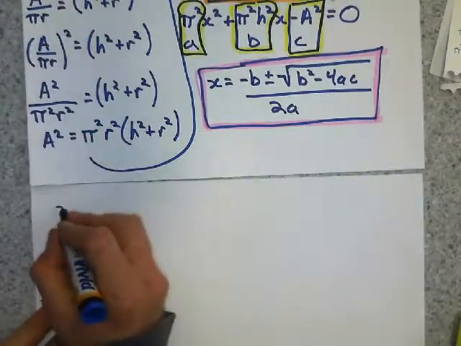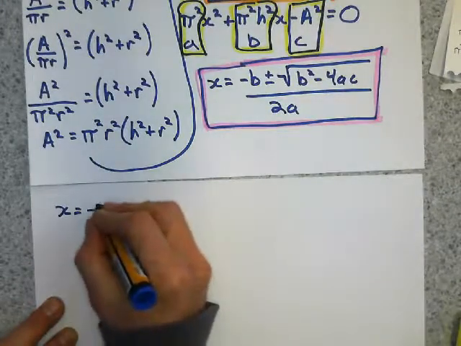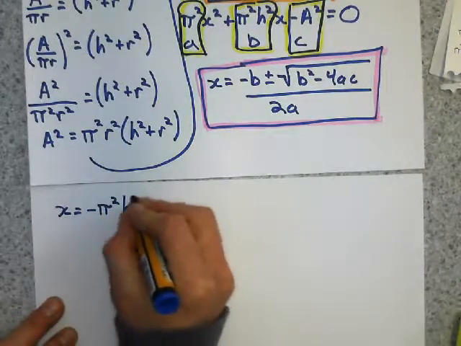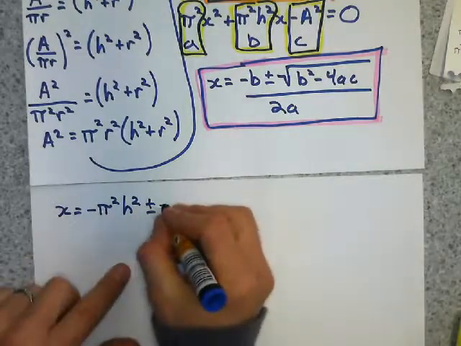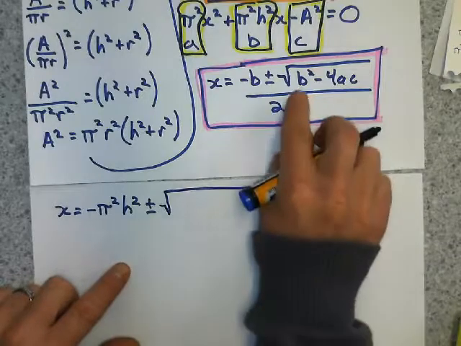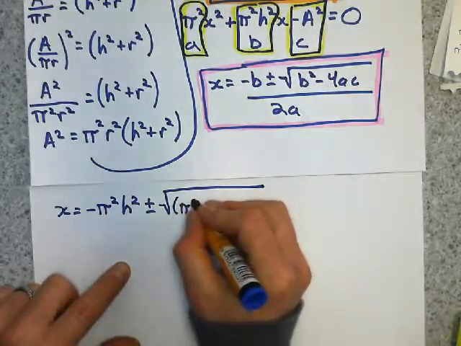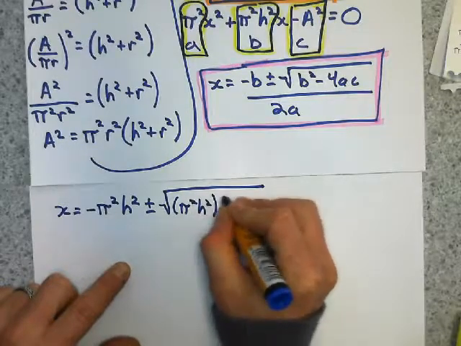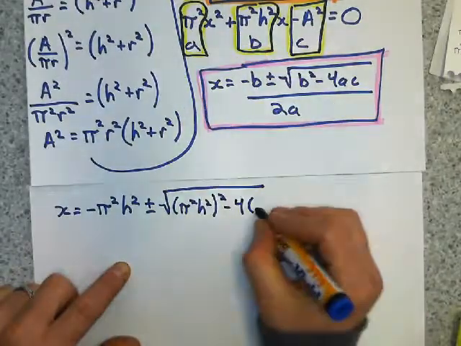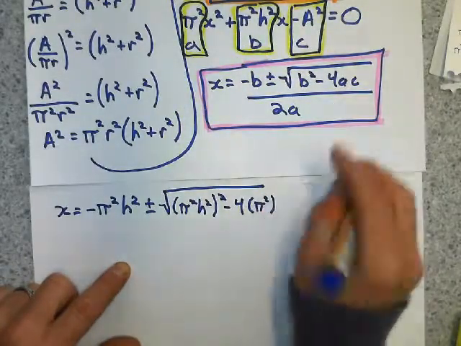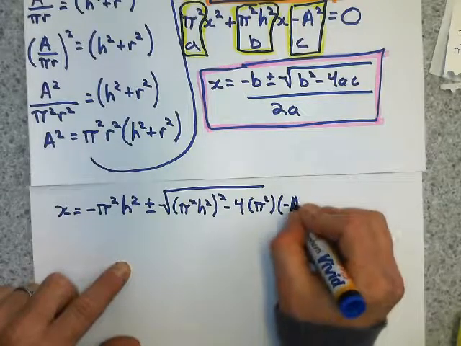We get x equals the opposite of b, so x equals negative pi squared h squared, plus or minus. I'm going to tell you what I'm going to do with this plus or minus later. Then b squared, where b is pi squared h squared, squared, minus 4 times a, which is pi squared, times c, which is negative a squared.